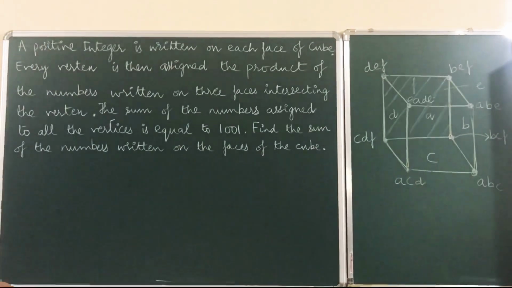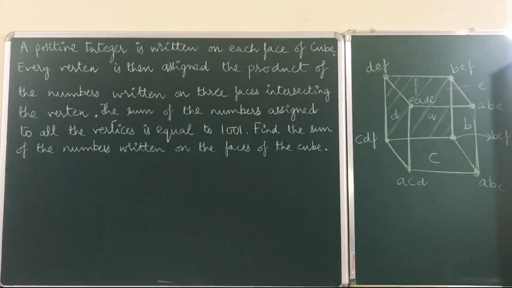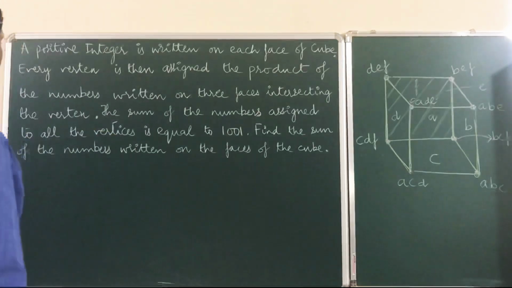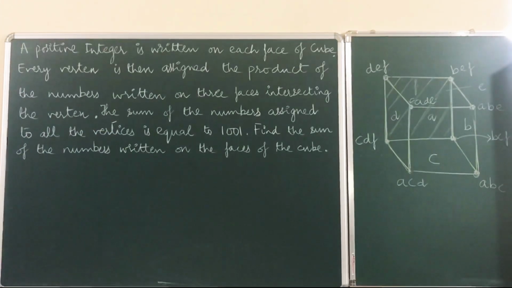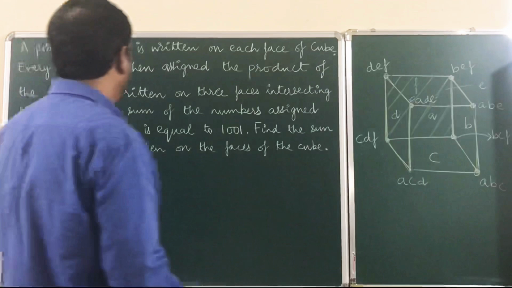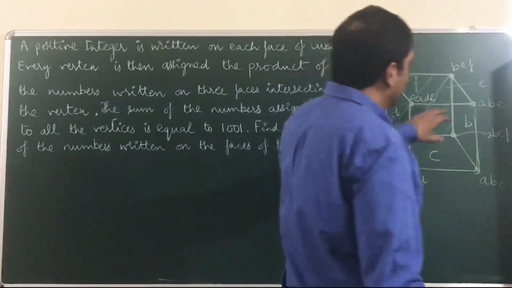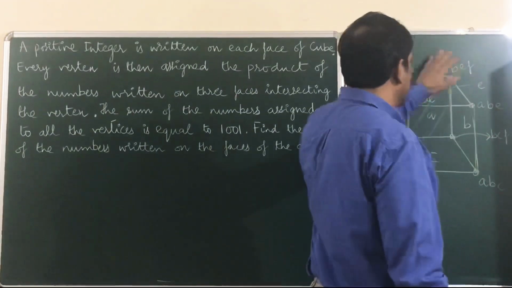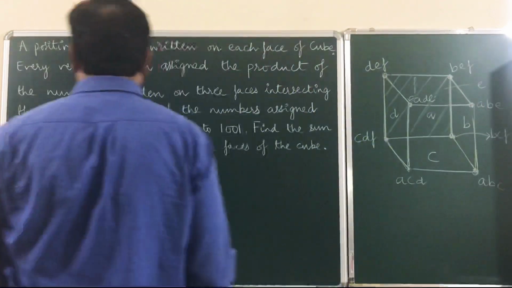Now, what is given here: the sum of the numbers assigned to all the vertices is equal to 1001.